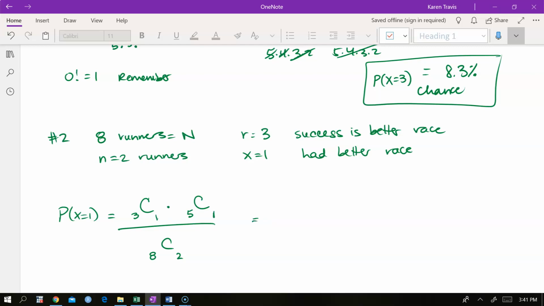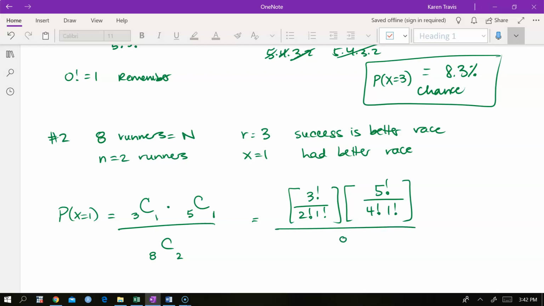And when we work this out, we're going to have these 2 combinations on the top, and these 2 combinations on the bottom.